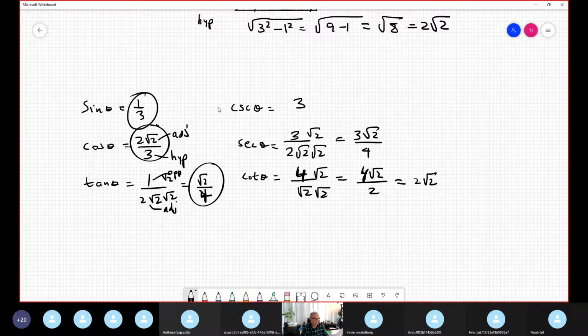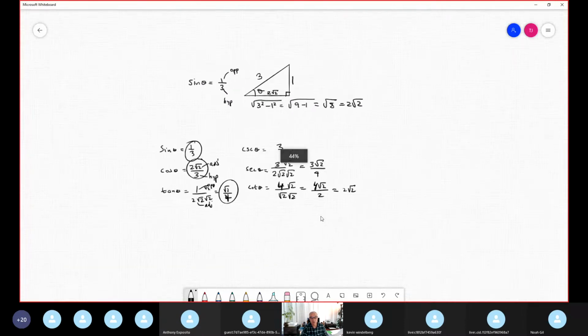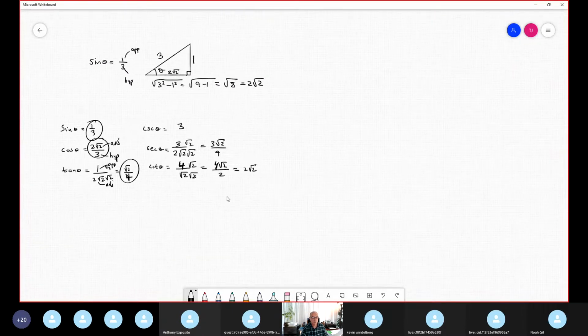Okay, this is one possibility. Another possibility is using identity. I want to show you. Solution 1, using the triangle. Solution 2 is using the identity.